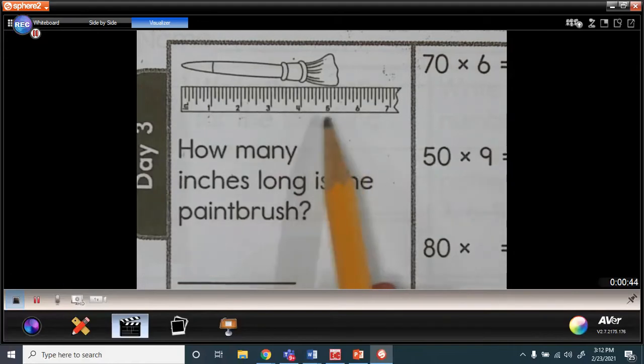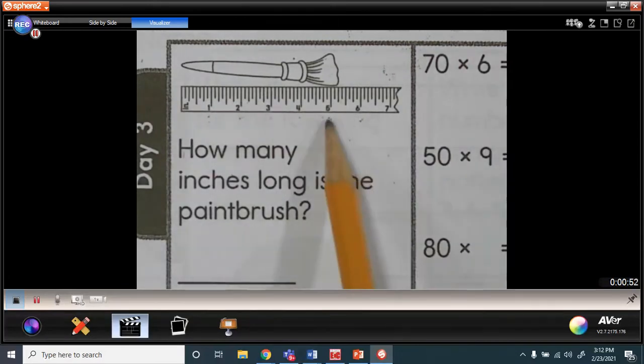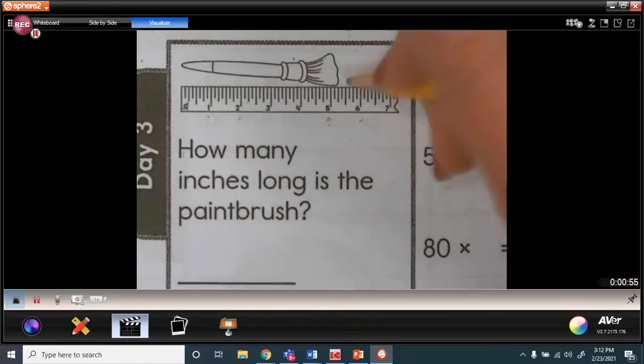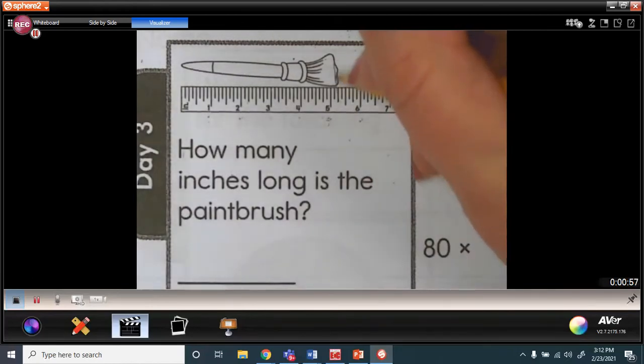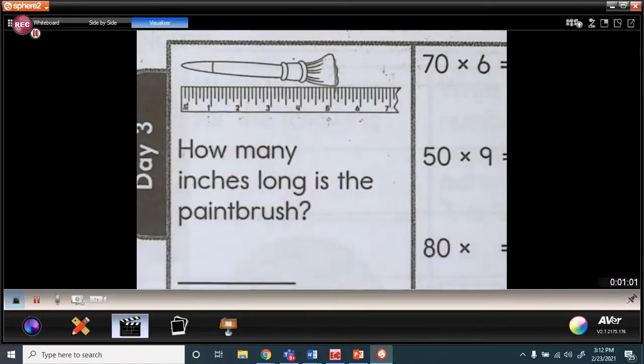Now, it's not exactly on the 5-inch mark, and it's not exactly on the 6-inch mark. So we know that since it's a little bit past this 5-inch mark, then the rest of this from here to here is going to be a fraction of that whole.